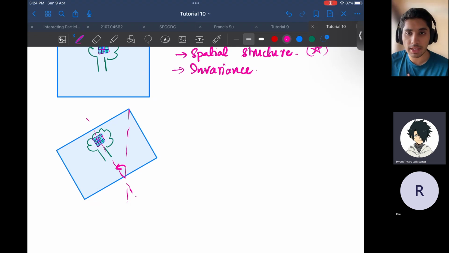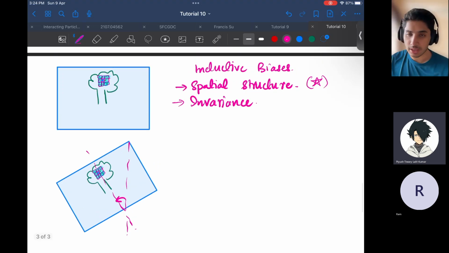I wouldn't like my network to suddenly start predicting that there is no tree now, right? It is still a tree. It is just rotated. So this doesn't mean that there is no tree in the picture. This property is what we call invariance, in particular, invariance to rotation.